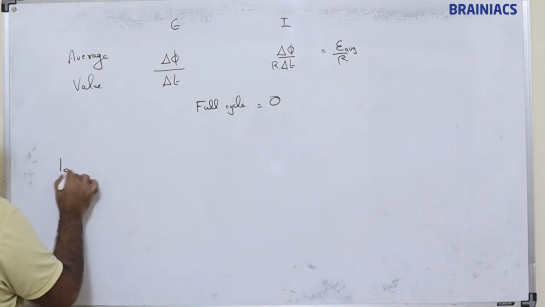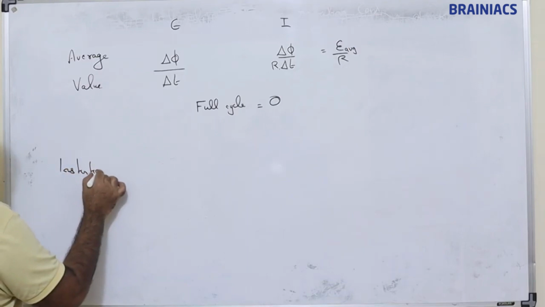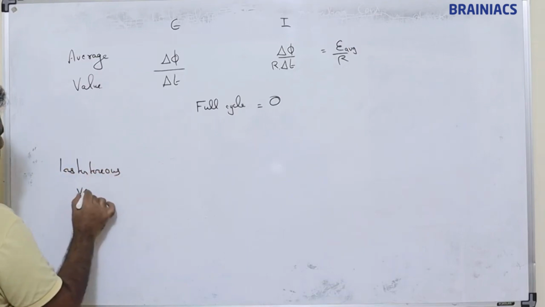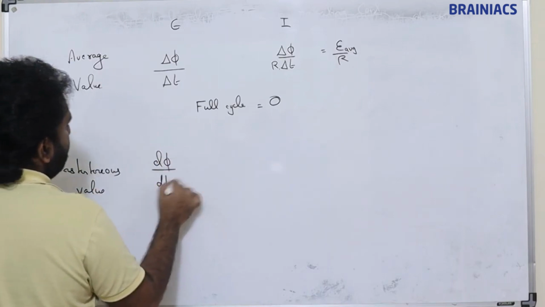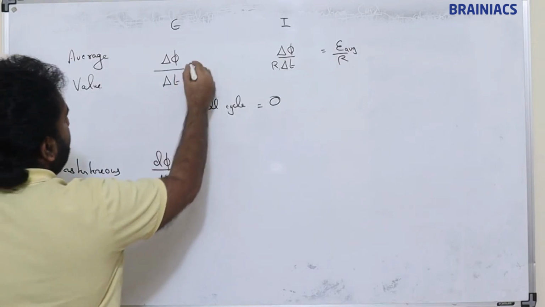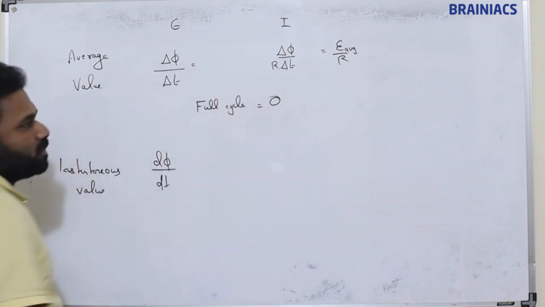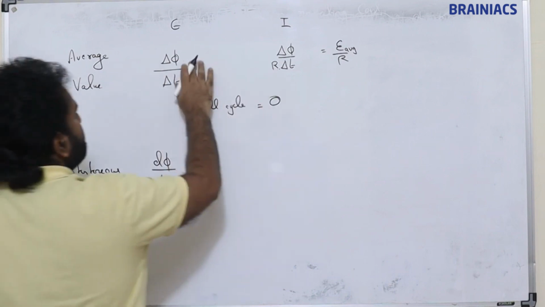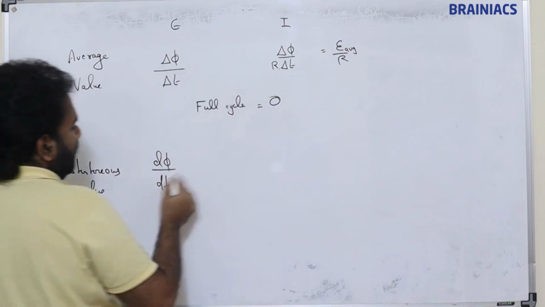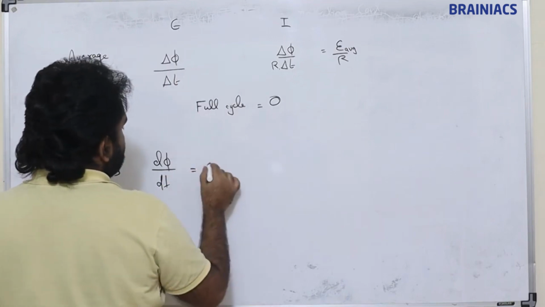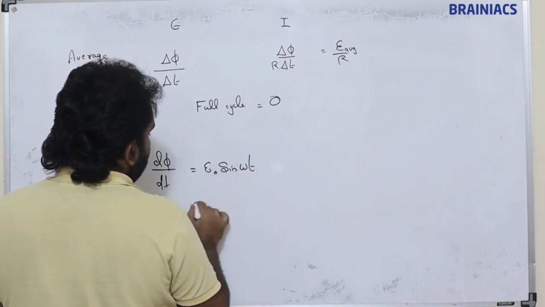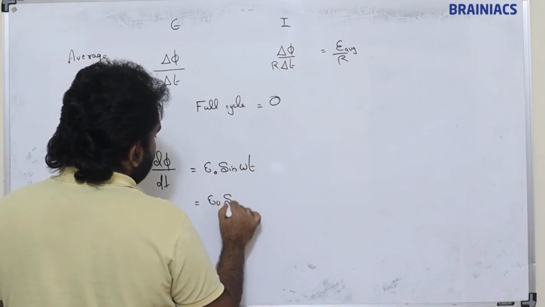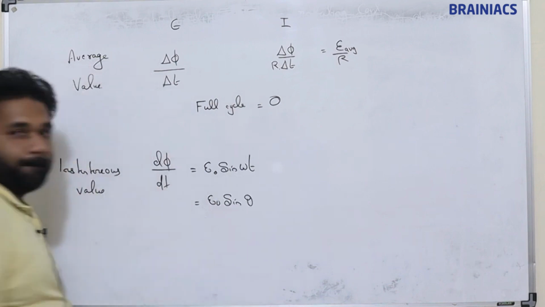And instantaneous value, the general formula is d phi by dt. So here what we do actually, BA minus BA, BA minus of minus BA, likewise d phi by dt. So its value is going to be E naught sine omega t, or E naught sine theta.